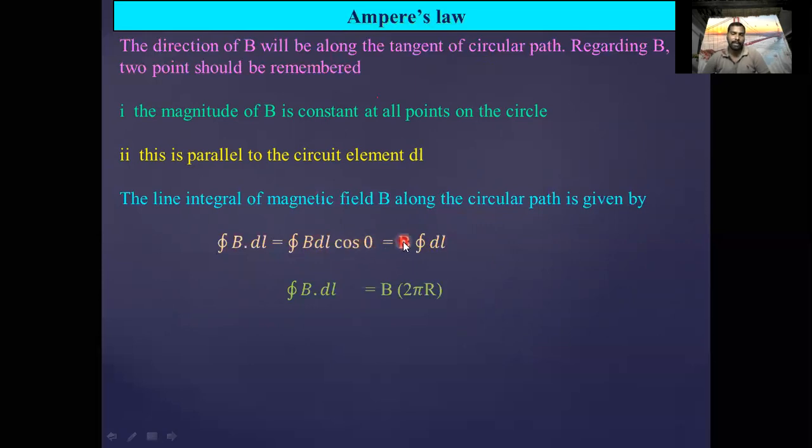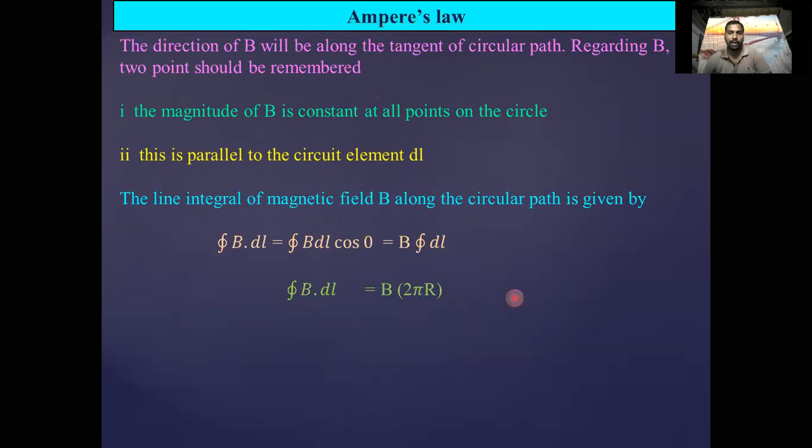B is a constant value, so B integral dl. What is the dl value? L is the length of the circular path, which is equal to 2 pi r. R is the radius of the circle. The integration B dot dl is equal to B into 2 pi r.